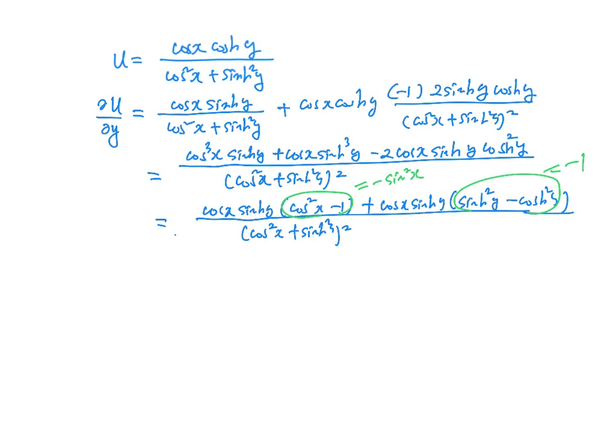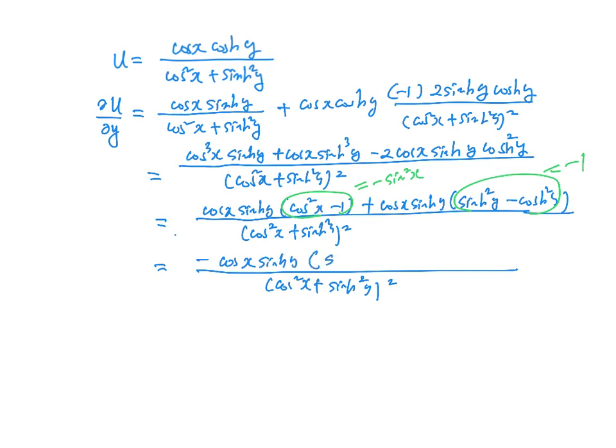Cosine x sine hyperbolic y is common. So we can actually simplify it a little bit. Cosine square x plus sine hyperbolic square y square minus cosine x sine hyperbolic y.